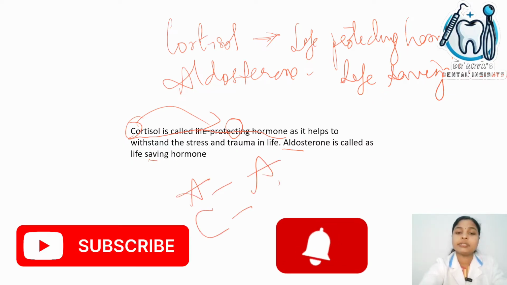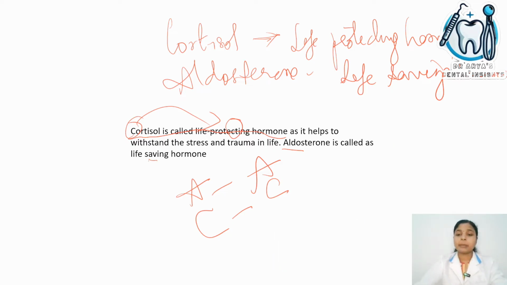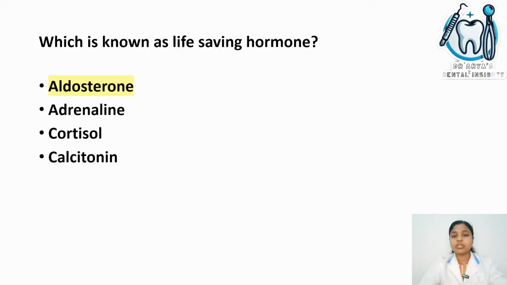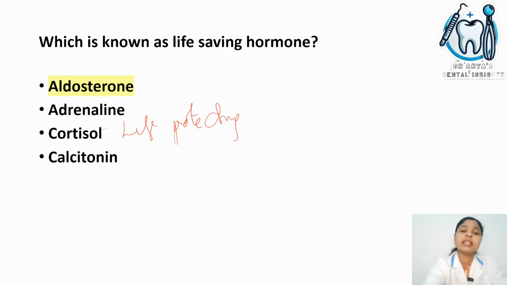So this is the mnemonic for remembering this question. So the answer is life saving hormone is aldosterone and life protecting hormone is cortisol. If it is asked as life protecting hormone, then the answer is cortisol.